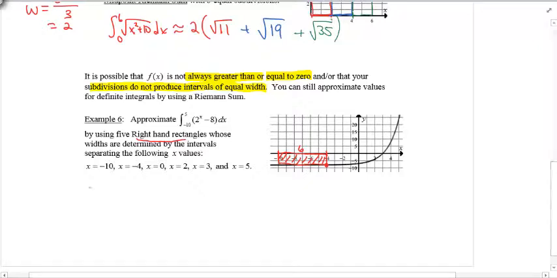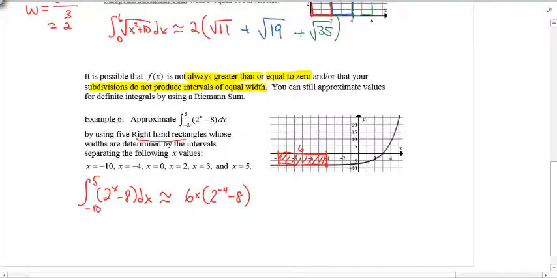So let me show you how we can write this out. Let me copy the question. Approximation again. And notice I told you it's 6 times the height. And the height is given by the x value of negative 4, which I will plug into my expression. So that'll be 2 to the negative 4 minus 8.